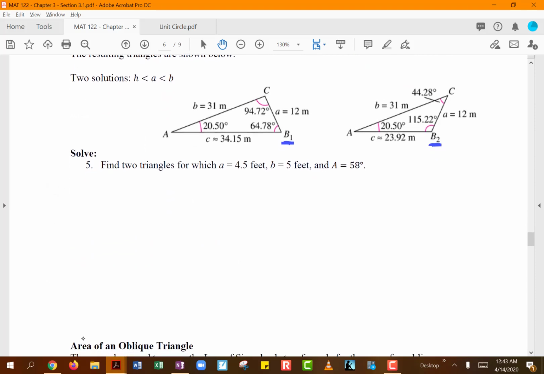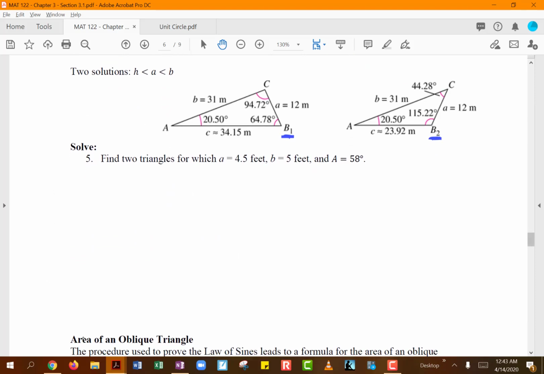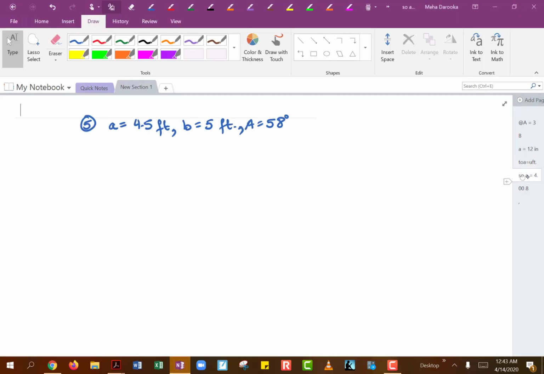Okay, so let's use this same idea in our example 5 over here. We are given A equals 4.5 feet, B equals 5 feet, and of course angle A is 58 degrees. The first thing we are going to do is calculate our H value.